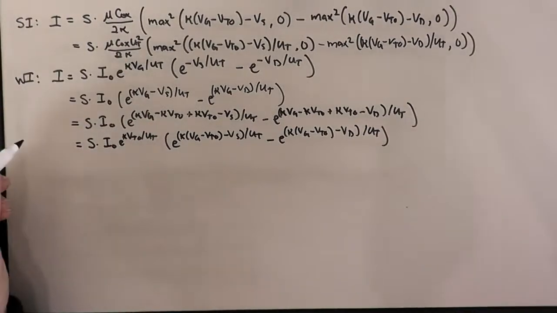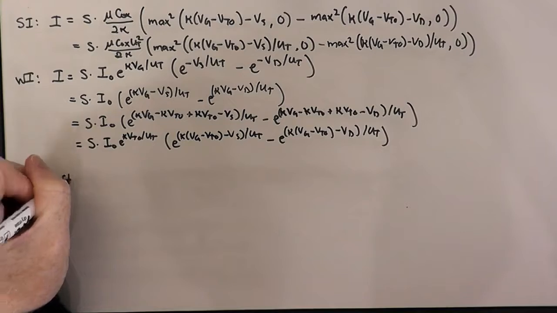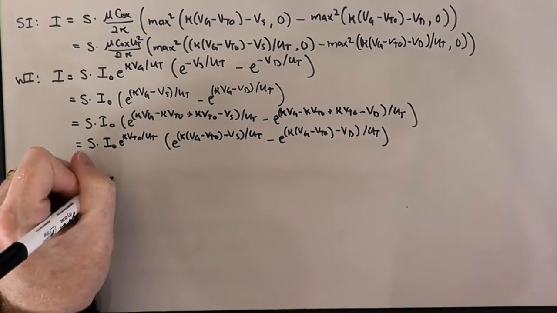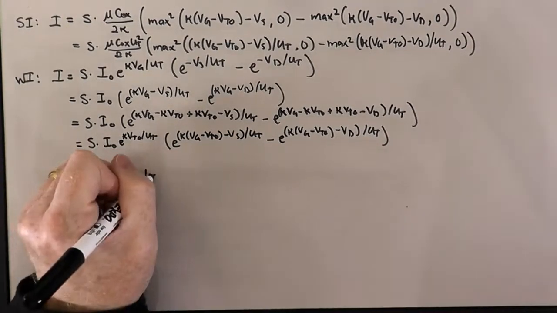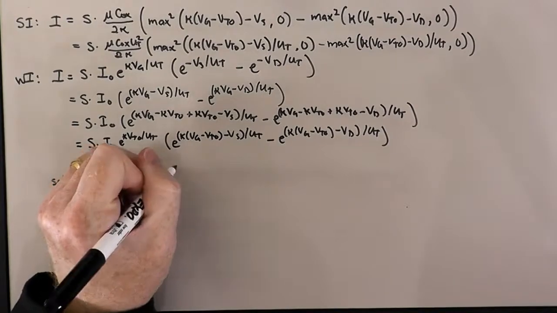So back in PostLab 2, you were introduced to the soft min function. Turns out there's a soft max function, which is very much like that. So softmax of, let's say, x and y, we could write as something like log of e.